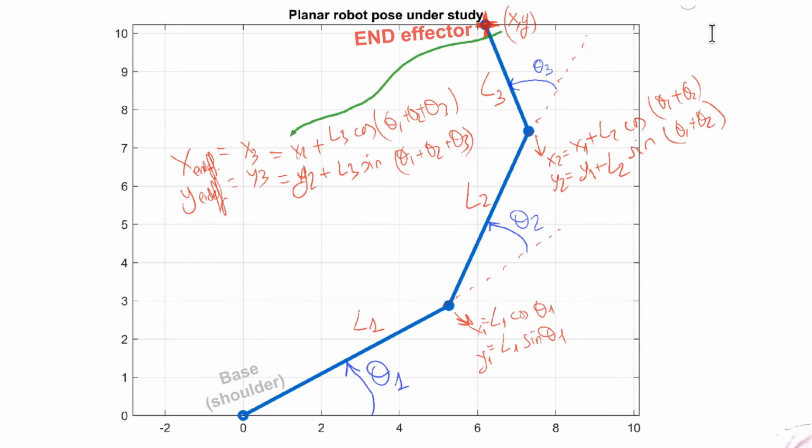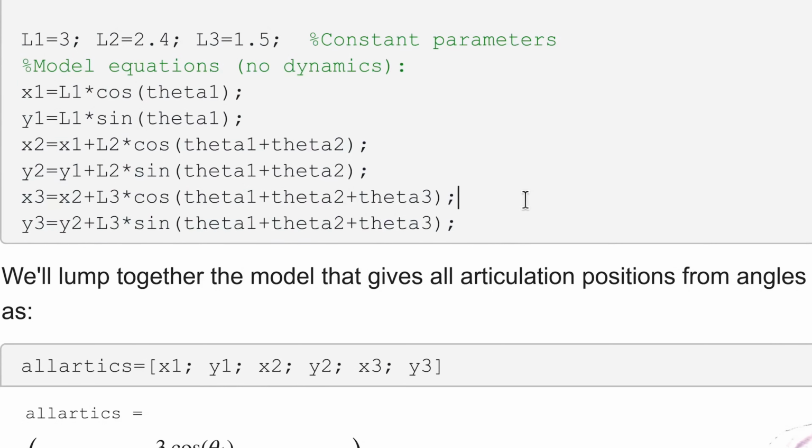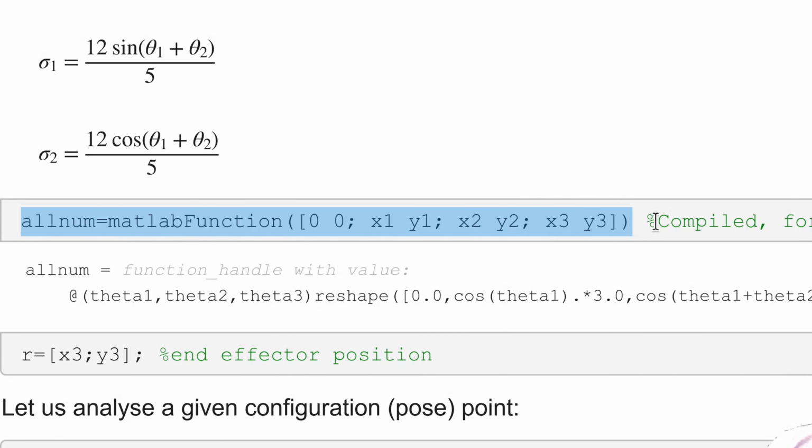So if we review the modeling, we have positions of all joints and the end-effector depending on the sine and cosine of three joint angles. So we write this in MATLAB, and we also compile these symbolic expressions onto a numeric function for plots and animations, returning a 4x2 matrix of the xy positions of the elements of the robot given the three angles.